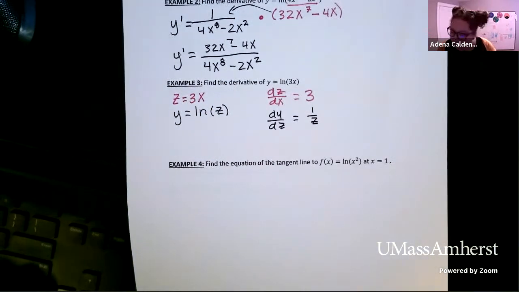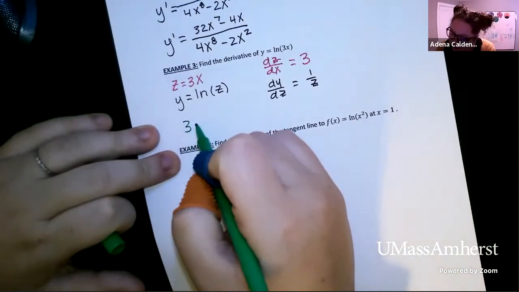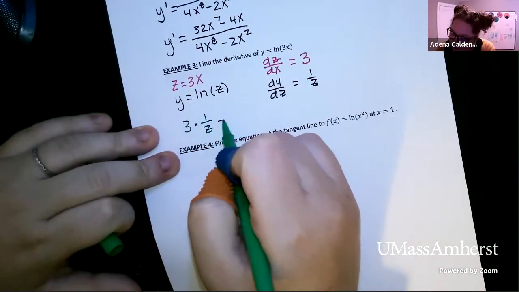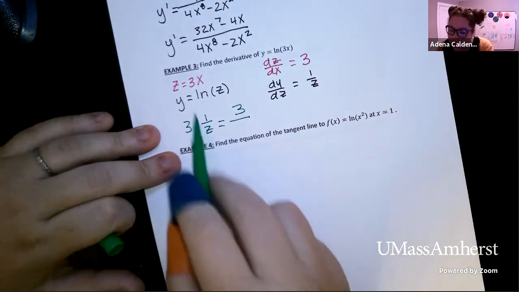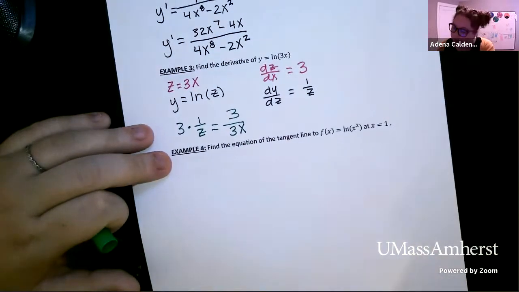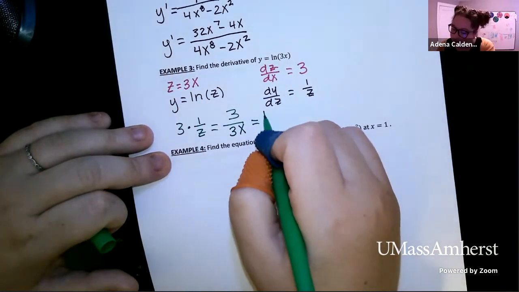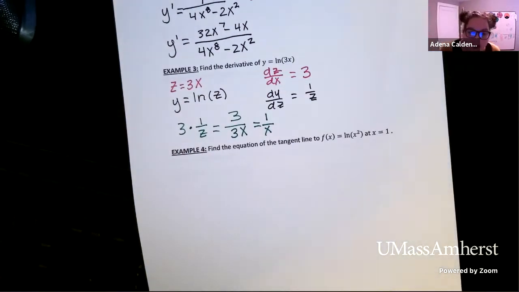So then we need to multiply these two things together. So we have 3 times 1 over z. The 3 goes into the numerator, and then our z we substitute back in. So we have 3 over 3x. The 3's can cancel, and we actually have 1 over x.